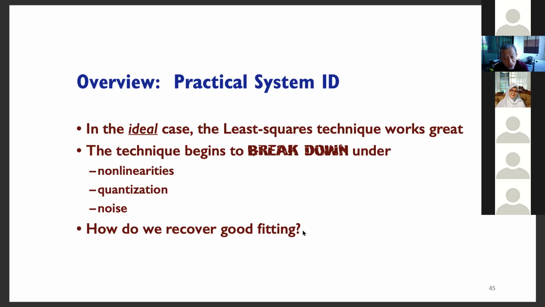So how do we recover a good fit? In the ideal case it works, but when a stochastic part is bigger than the deterministic part, it will produce things such as nonlinearities, quantization, and noise.